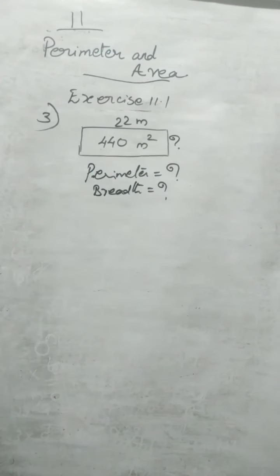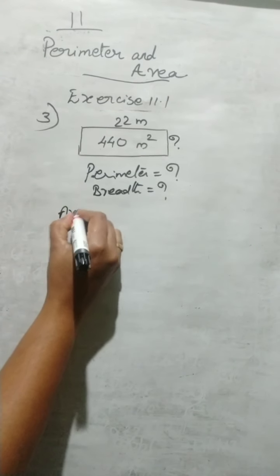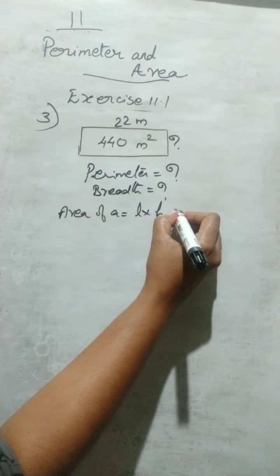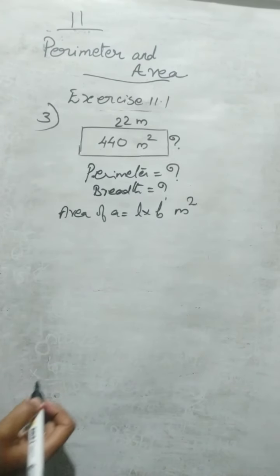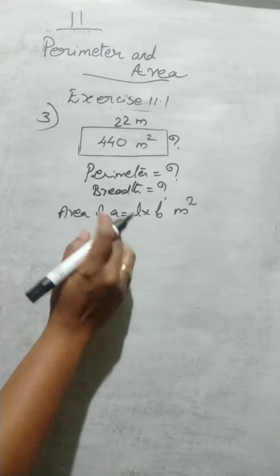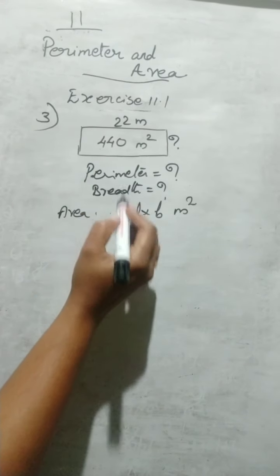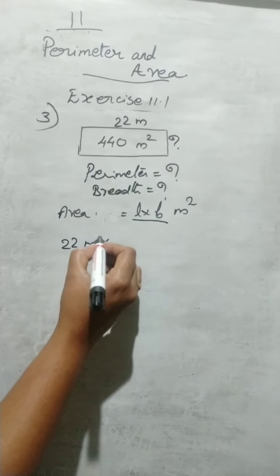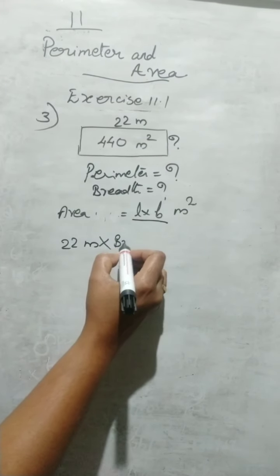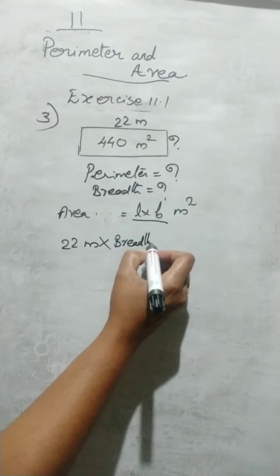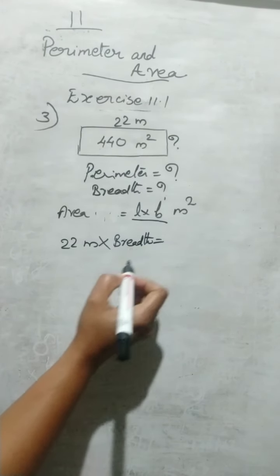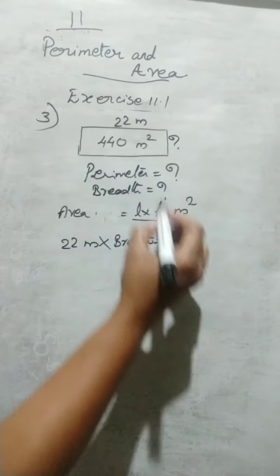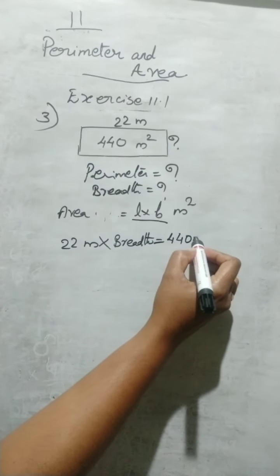How can we find the area of a rectangle? Area of a rectangle is equal to length times breadth, in meter squared. Here length is given as 22 meter times breadth, which we don't know. We have to find the breadth of this rectangular plot. When we multiply these two, we will get 440 meters squared.